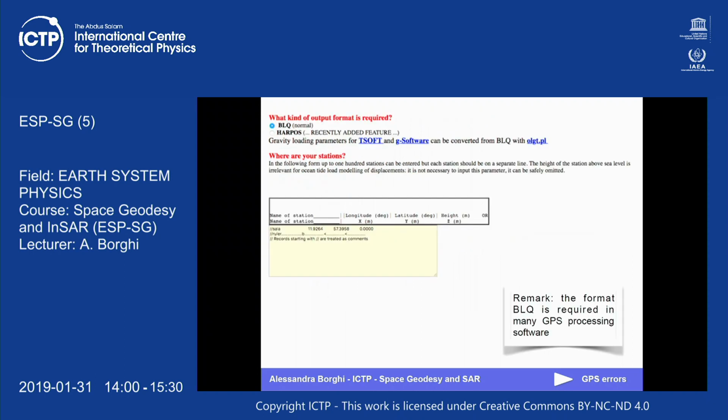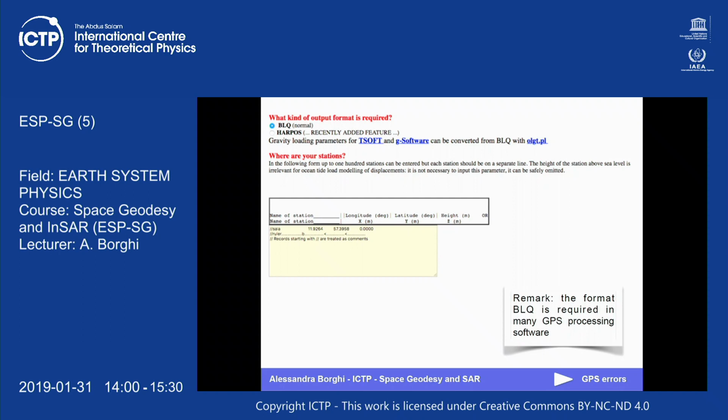Okay, the output format, usually we use the BLQ format. It is the most used, for instance, by the Bernese software, that is one of the most important scientific data processing software. You can put all your stations here below, the name of the station and the coordinates.